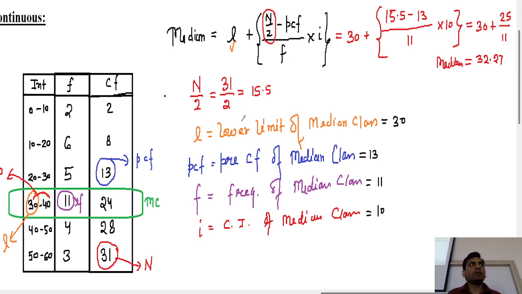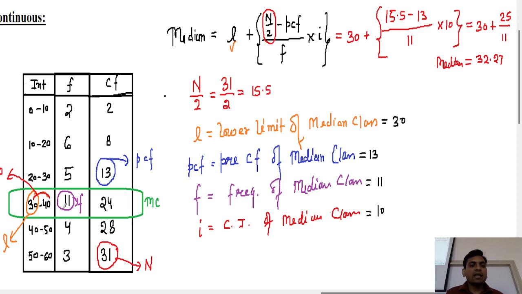N upon 2 is 31 upon 2, that is 15.5. As N is part of this CF column, this N upon 2 is also part of the CF column. So we will search this N upon 2 in the CF column. This is 15.5, which is lesser than 24.